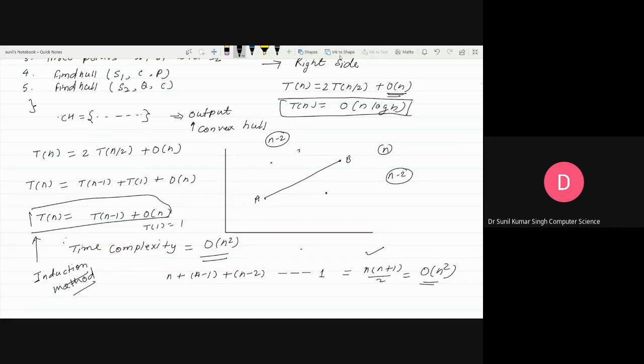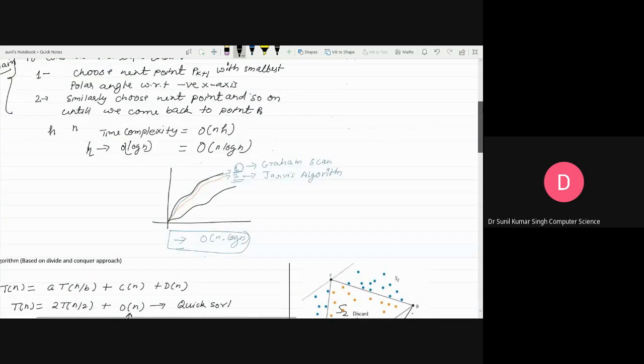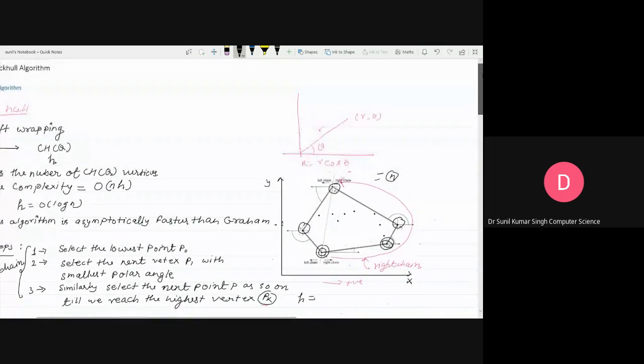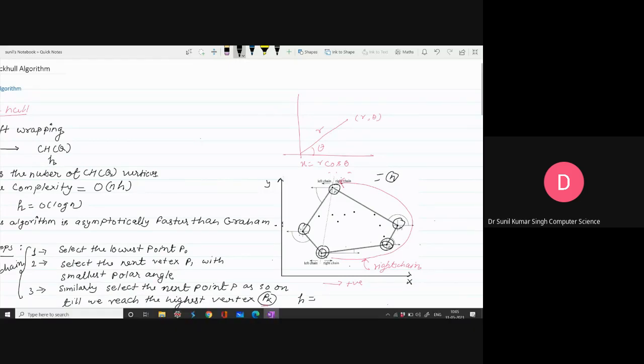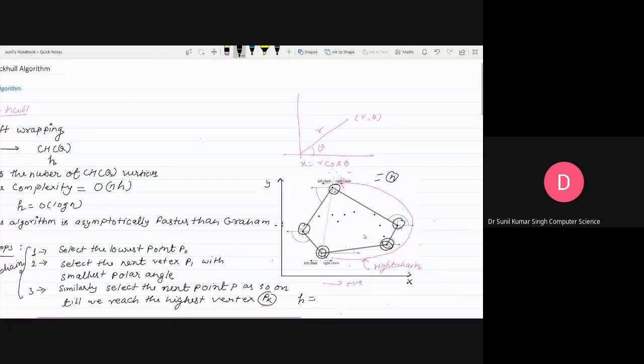So this is all about the Jarvis algorithm and Quick-Hull algorithm. If you have any doubt, you can ask, related to time complexity, related to the working of the algorithm, anything. Otherwise, we'll wind up the session here.